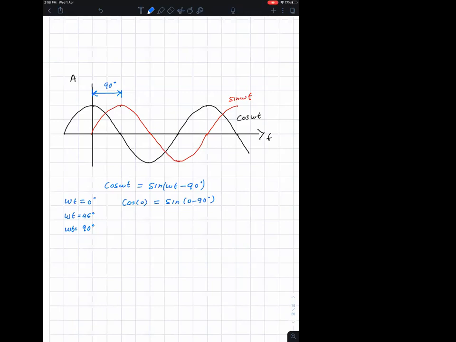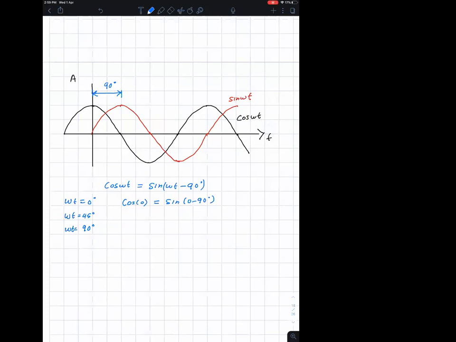Are they the same? Is cosine 0 the same as sine of 0 minus 90 degrees? When omega t is 0, cosine of 0, is this equation right?